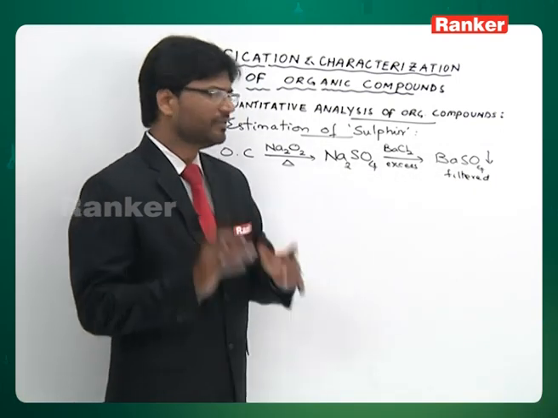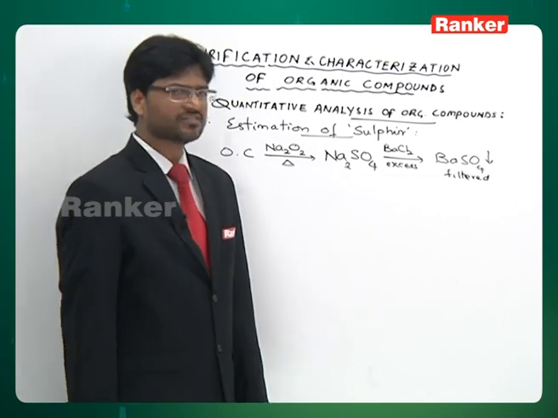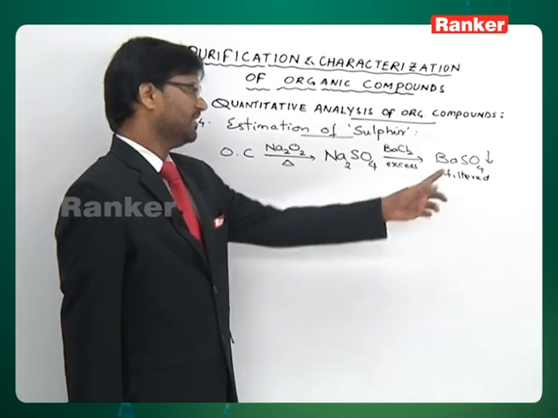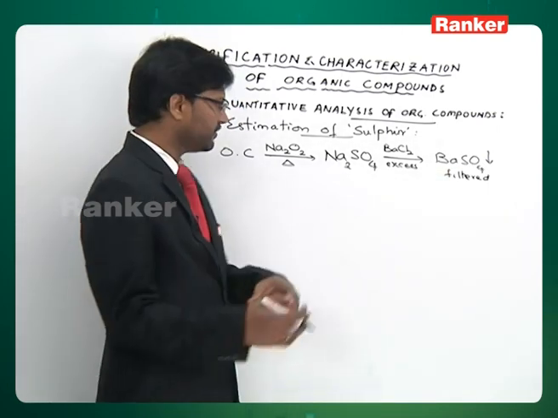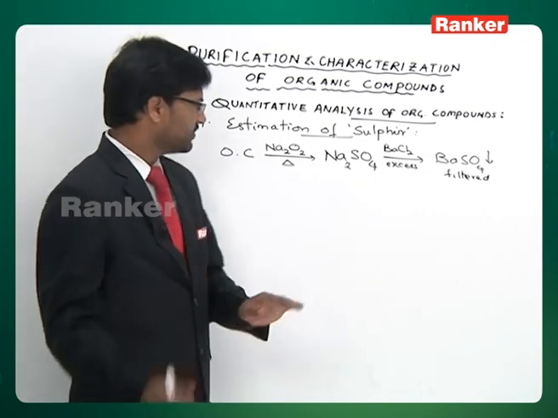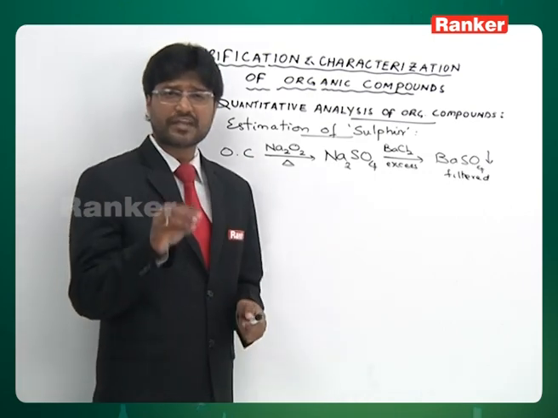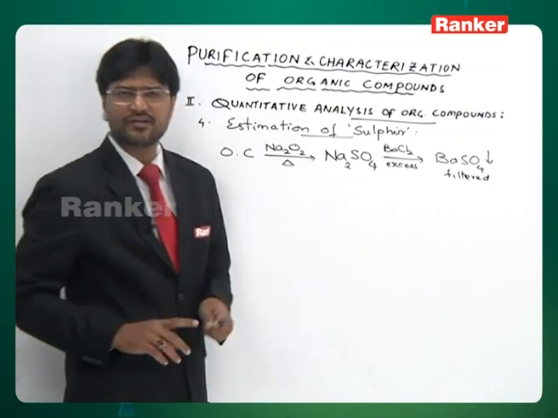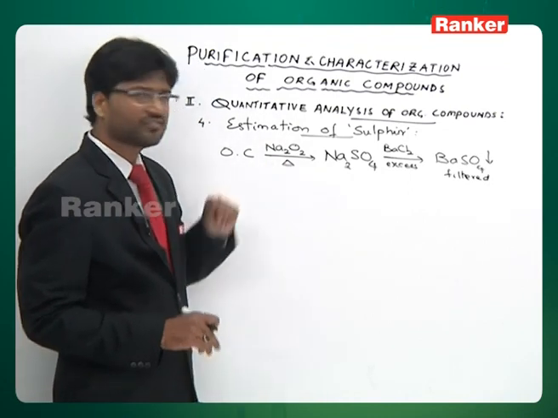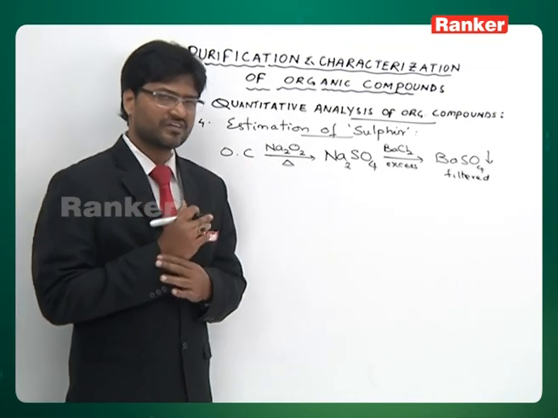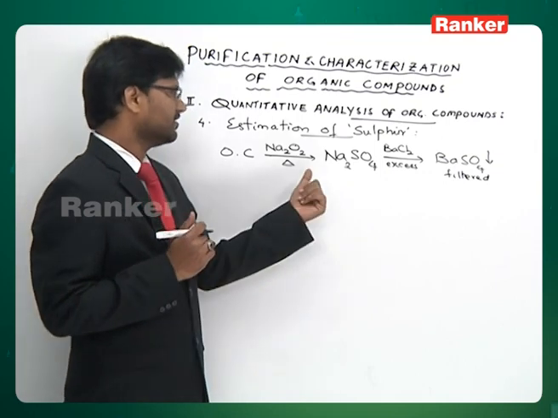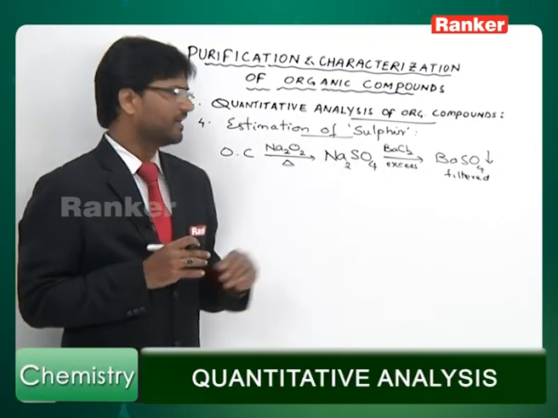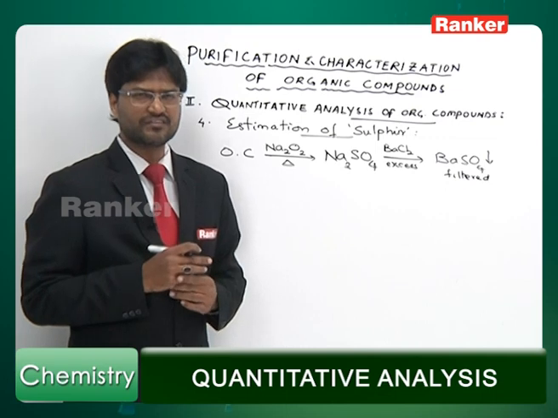From the weight of BaSO4, it is possible to calculate percentage of sulfur. I am going to show you the calculation part. First, you look at it once again. Organic compound containing sulfur is heated in presence of sodium peroxide, which is being used as an oxidizing agent. All the sulfur will get oxidized to sulfate and it appears as sodium sulfate salt.